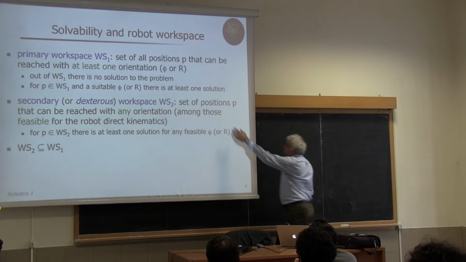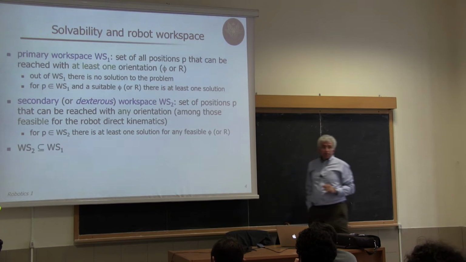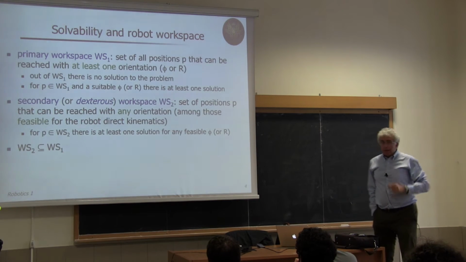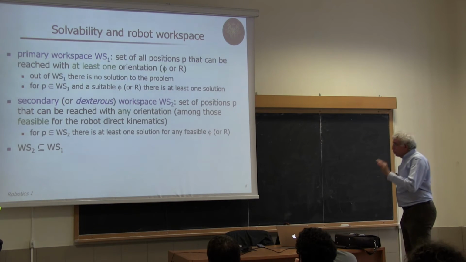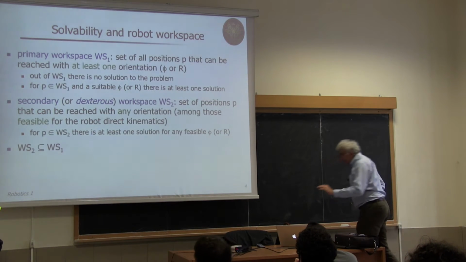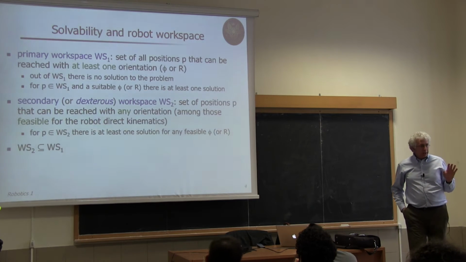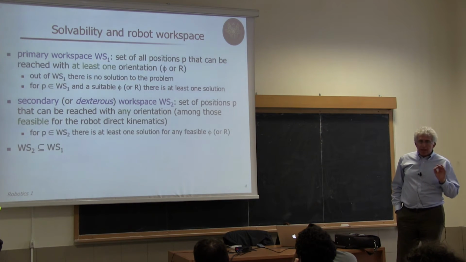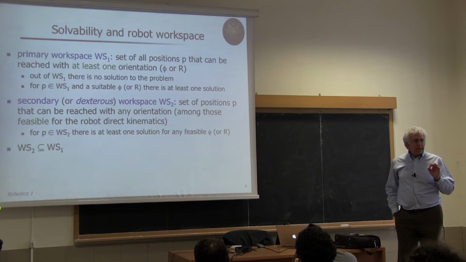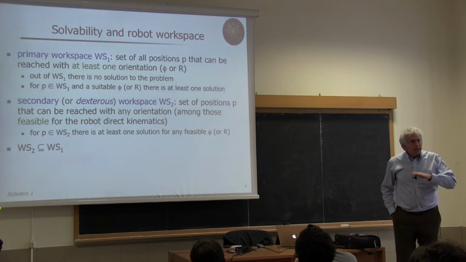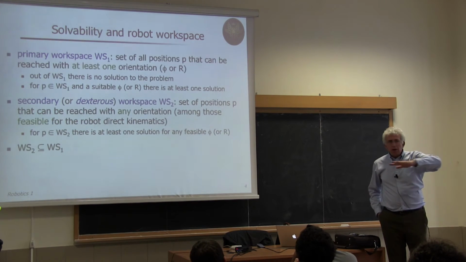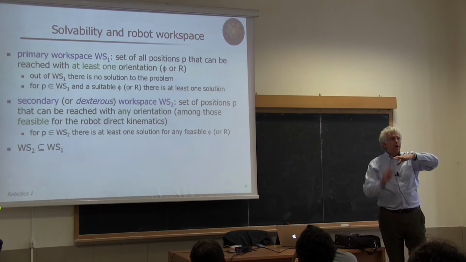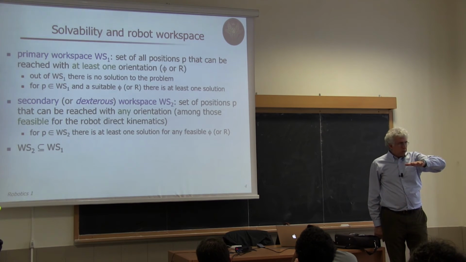which is the set of all Cartesian positions P that can be reached, so they are certainly in the primary workspace, but at which I could realize any desired orientation, any. And already at this level, saying any should be specified further. Because if, for instance, the robot is a planar robot, its orientation can only be an angle with respect to an axis which is normal to the plane.